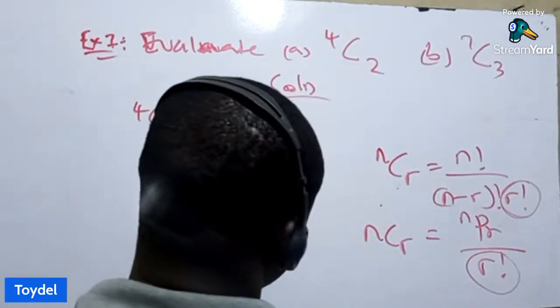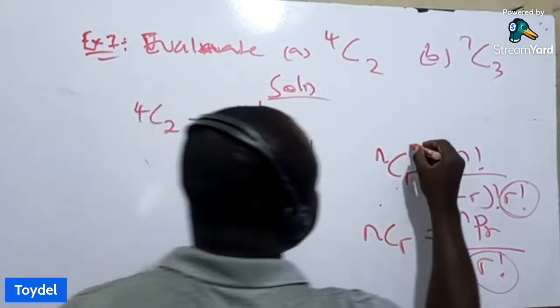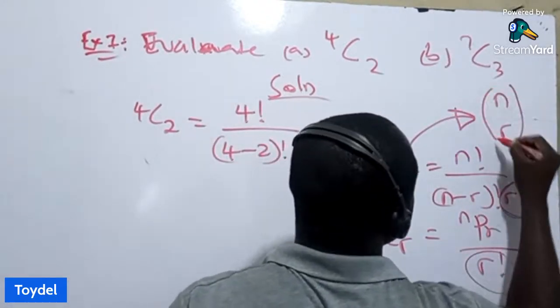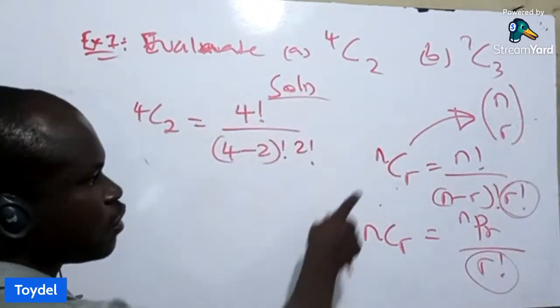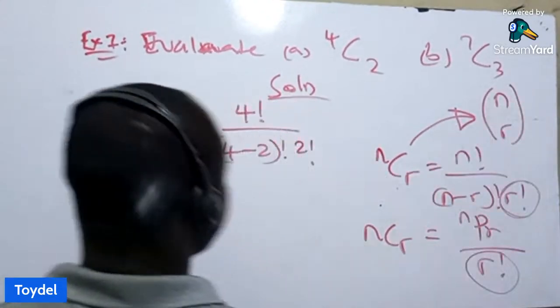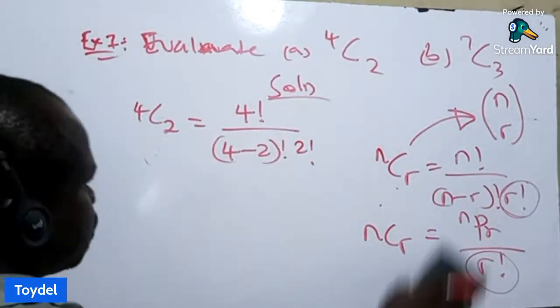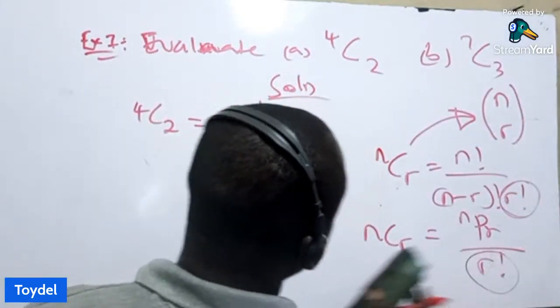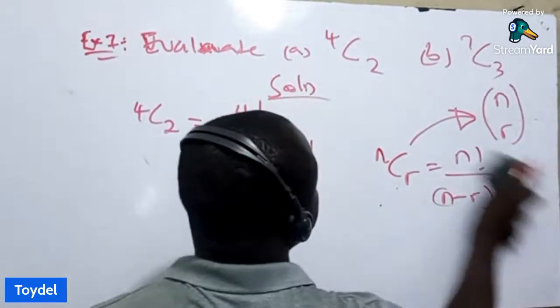And of course, n combination r in some textbooks can be written as n over r in a matrix-like form. So in some textbooks you can have something like this. Please take note: it's r factorial and not n factorial.